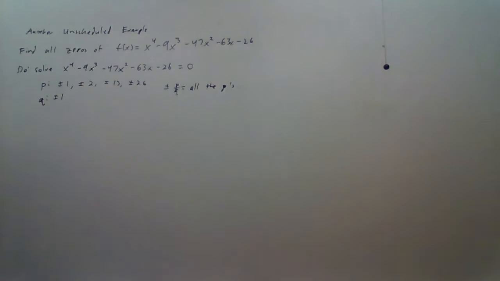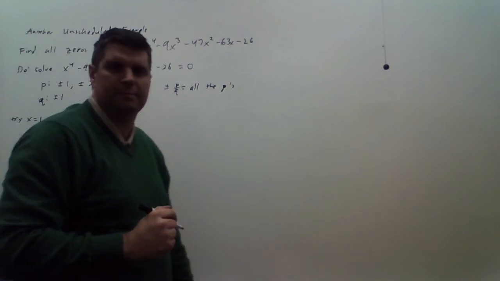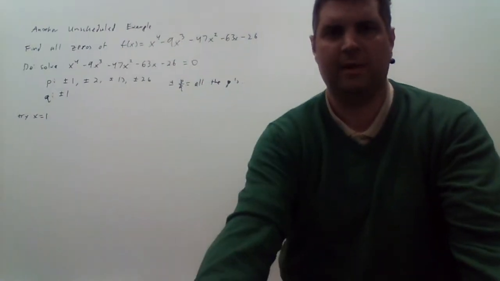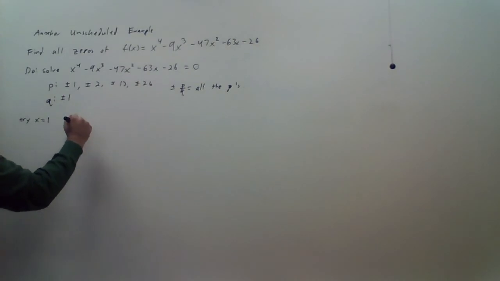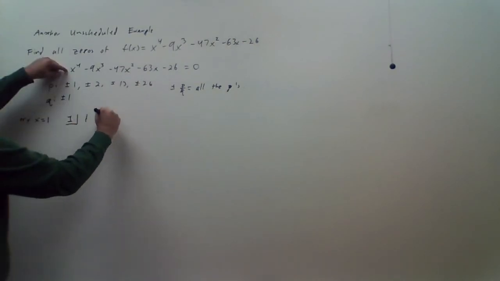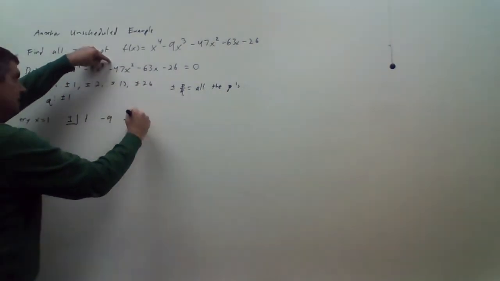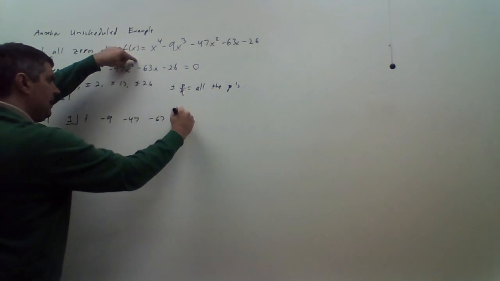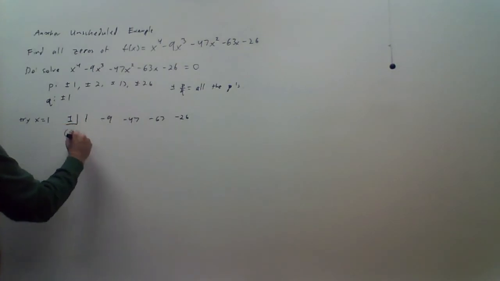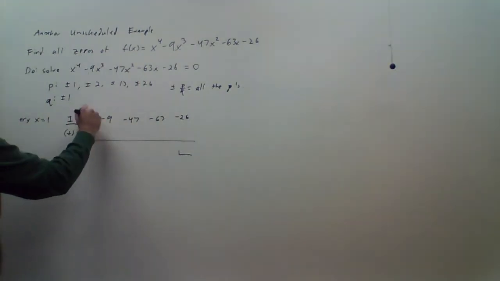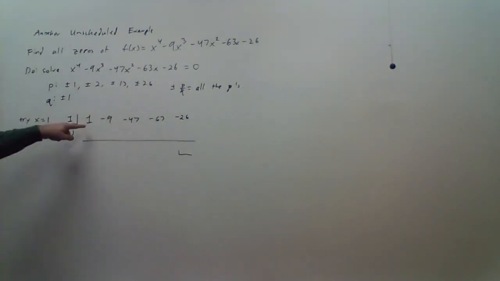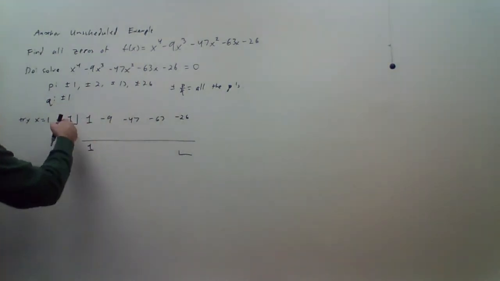All right? So we'll start with x equals 1. Try x equals 1. So I put 1 in the synthetic substitution box: 1, negative 9, negative 47, negative 63, negative 26. And I'm looking for 0 right there. So I bring down the 1. 1 times 1 is 1.